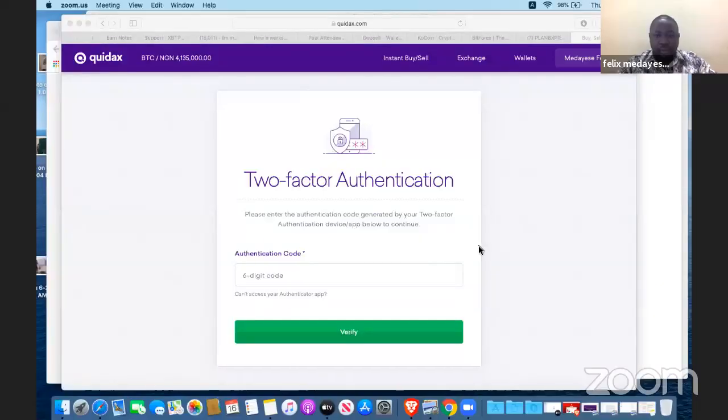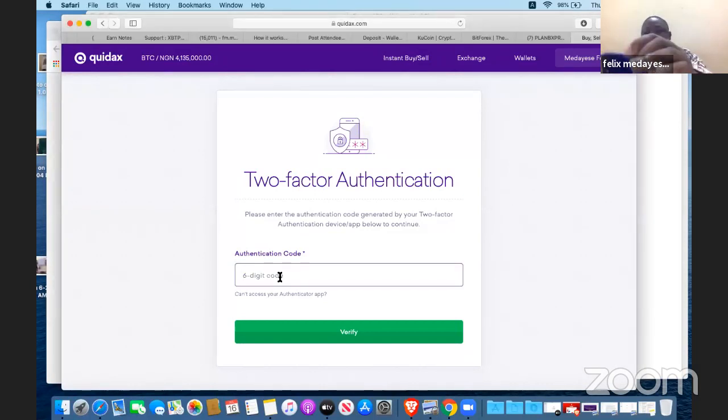I'm just trying to log into Quidax. Just a moment, you're going to see me shortly. So I'm logging into Quidax.